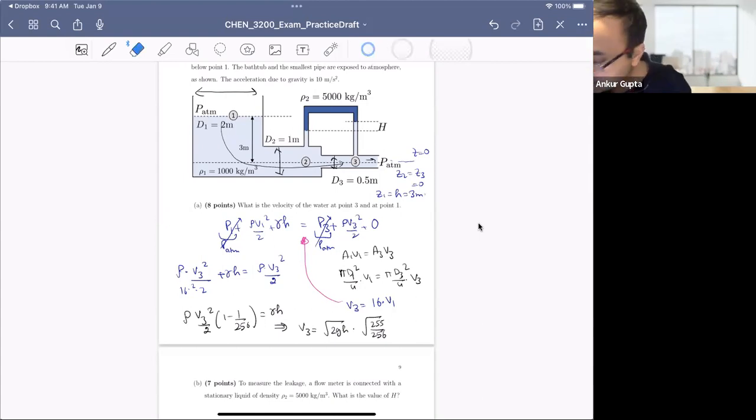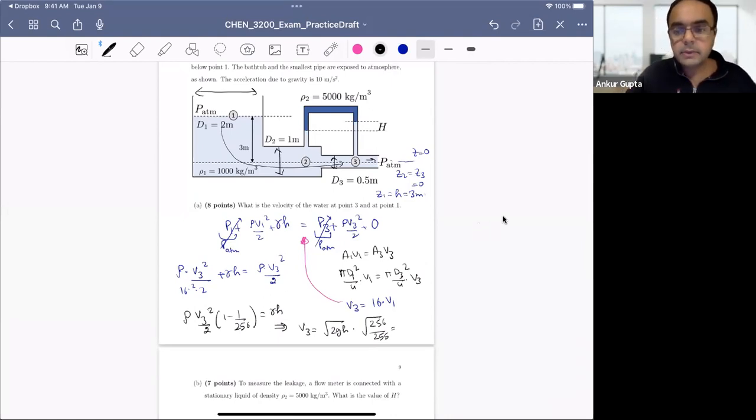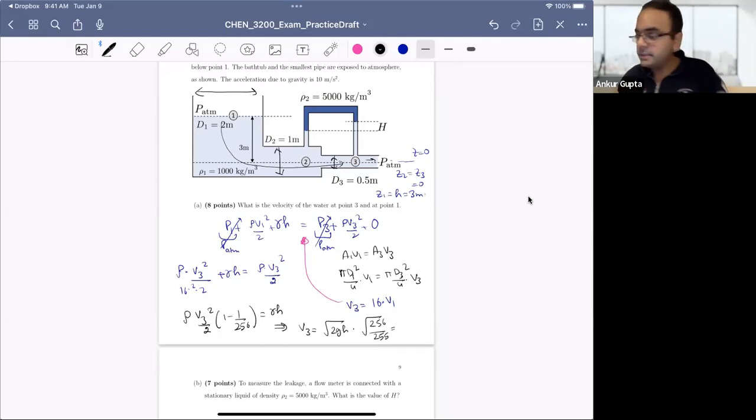This is actually 256 by 255, not this way. 256 by 255, and we have to take the square root of that. So I will just find this number, and that comes out to be 7.76 meters per second.